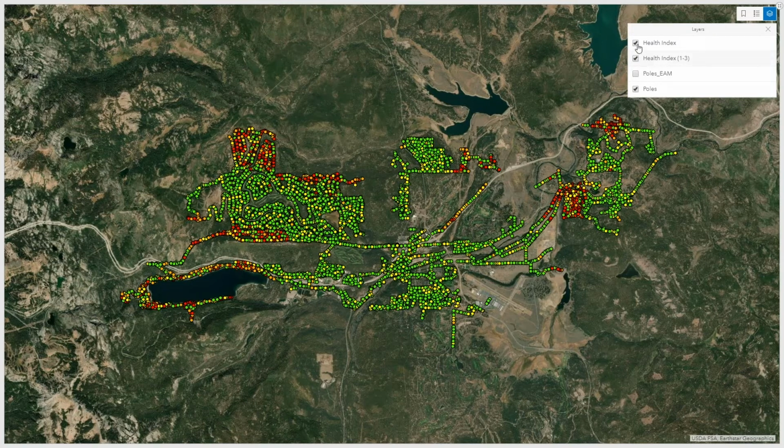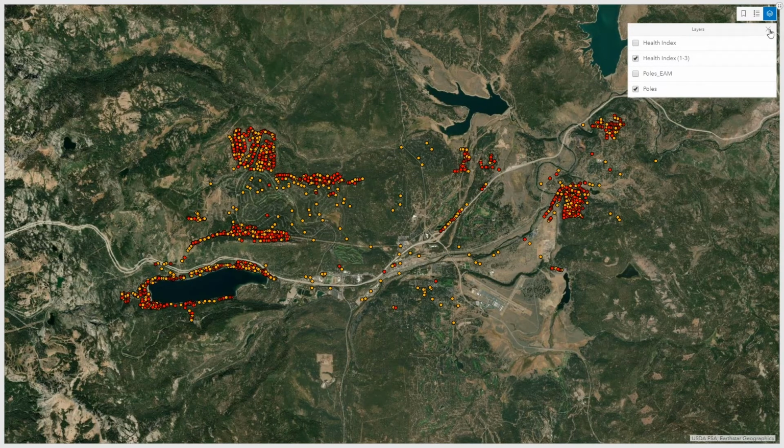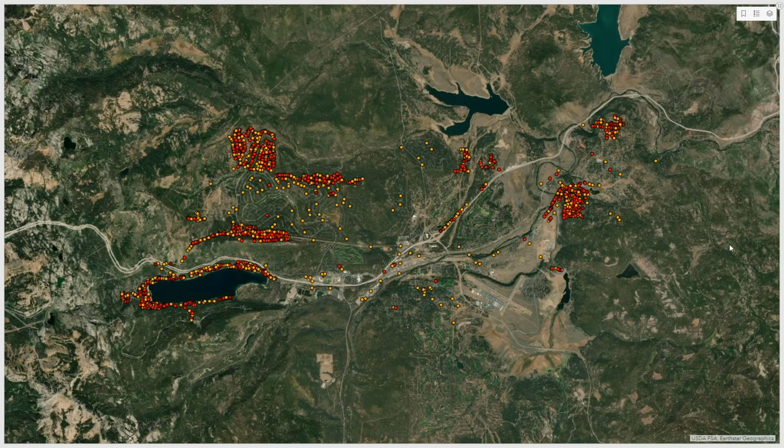But if I turn those off and just take a look at the ones that have moderate or poor conditions, we can now start to see clusters of our poles that are probably doomed to fail. From here, we can start to ask questions like, how come we have only certain clusters within neighborhoods that are failing, or why is this area around this lake performing so poorly?